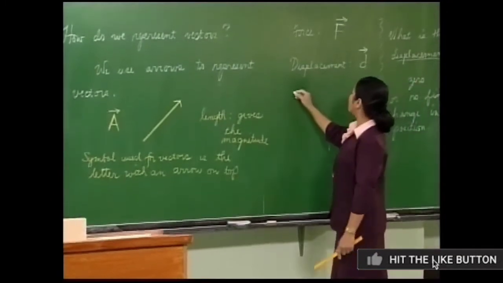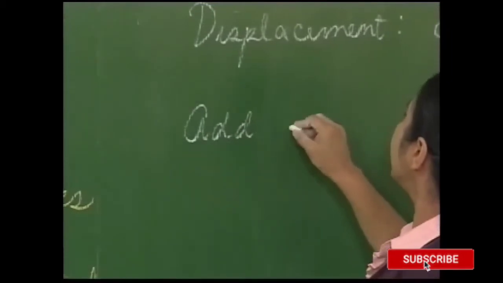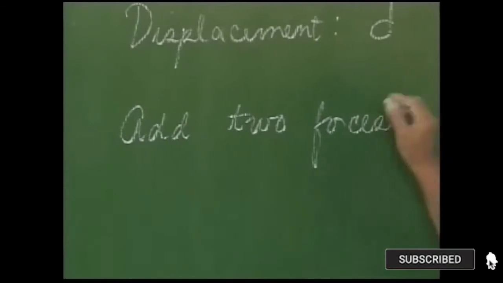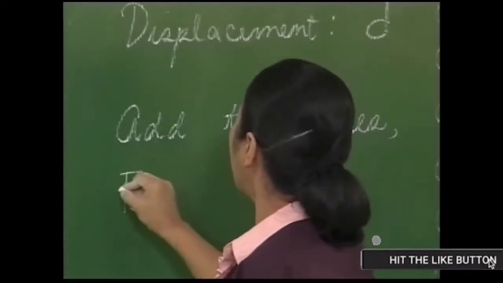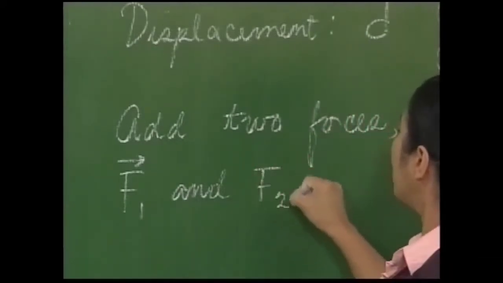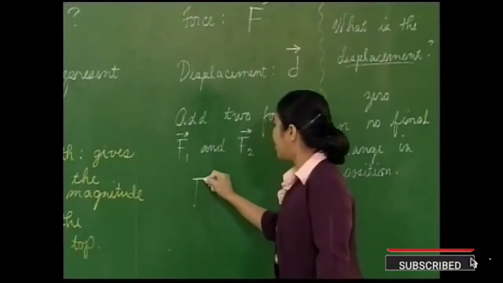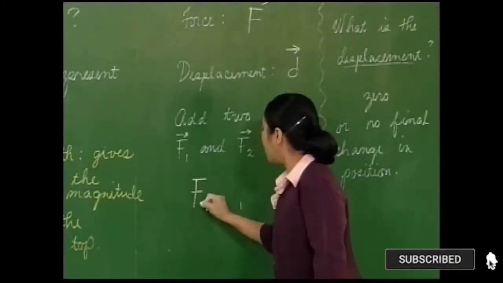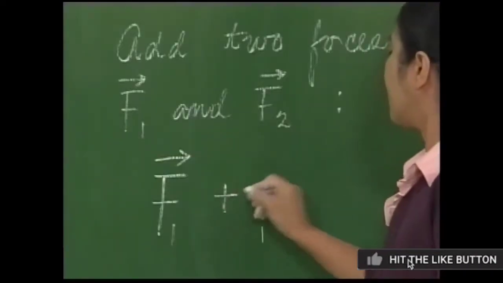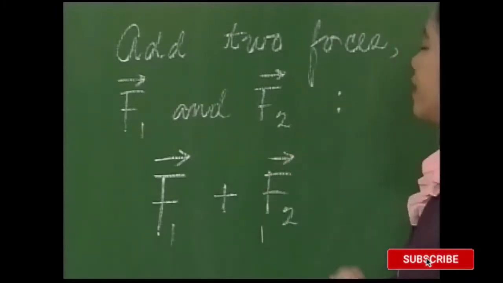If I add two forces, say F1 and F2, then I would have F1 with an arrow on top plus F2 with an arrow on top.